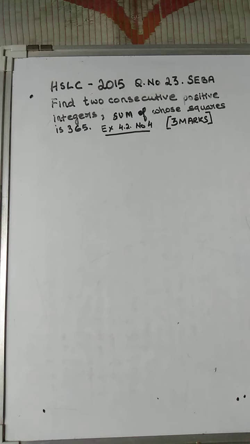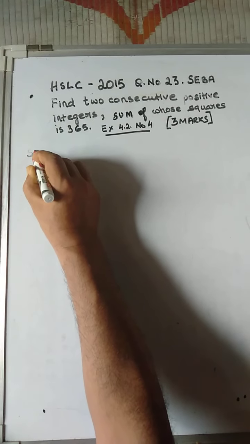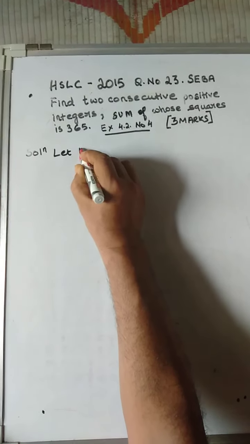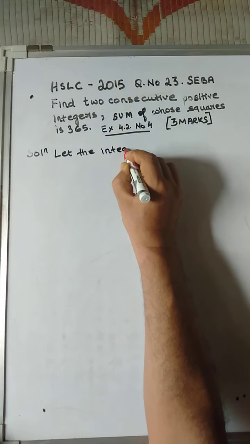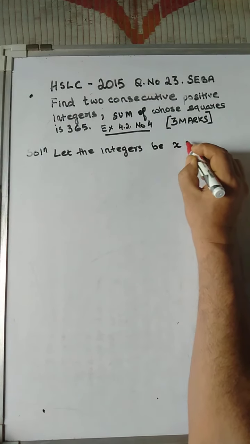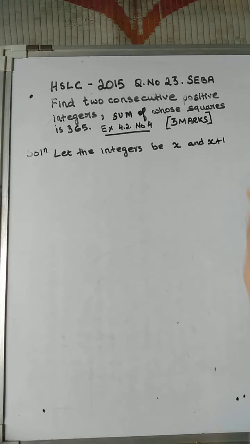And since we do not know what these integers are, we begin the solution by stating, let the integers be x and x plus 1.